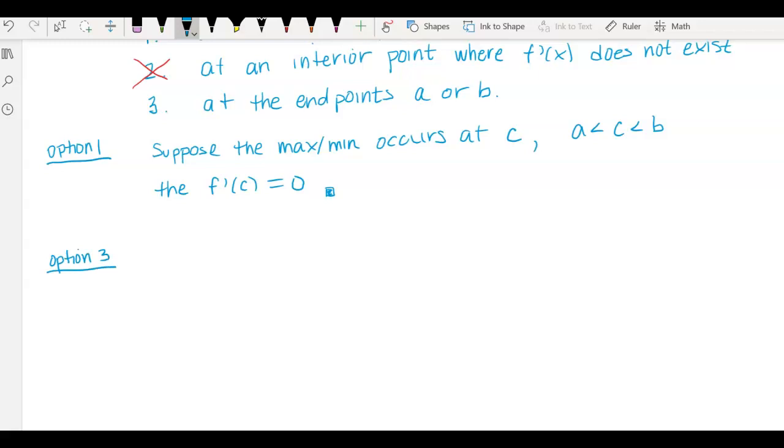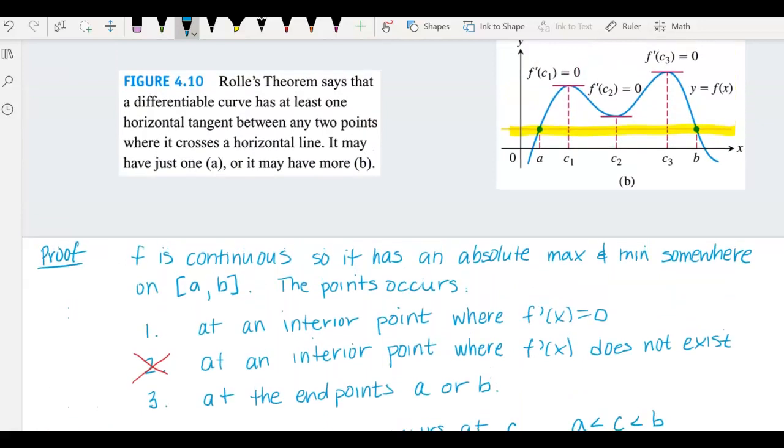Option three was that the max or min is at one of the endpoints. The reason I'm saying occurs at both of the endpoints is because one of our assumptions is that those two endpoints, A and B, actually have equal y values.